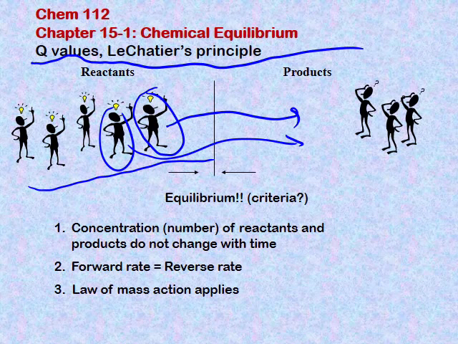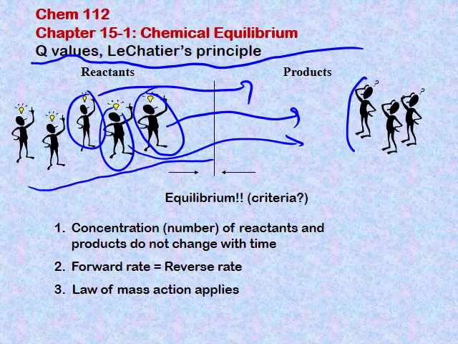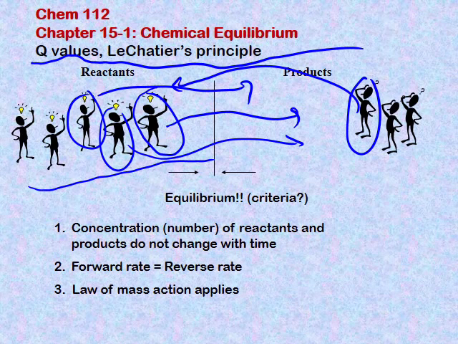After some time, if one goes to the right, one goes backward. And that's equilibrium. Now the question is, would there be any more changes in number at that point? The answer is no. The number is going to remain the same even though there is forward and backward movement of all these reagents.